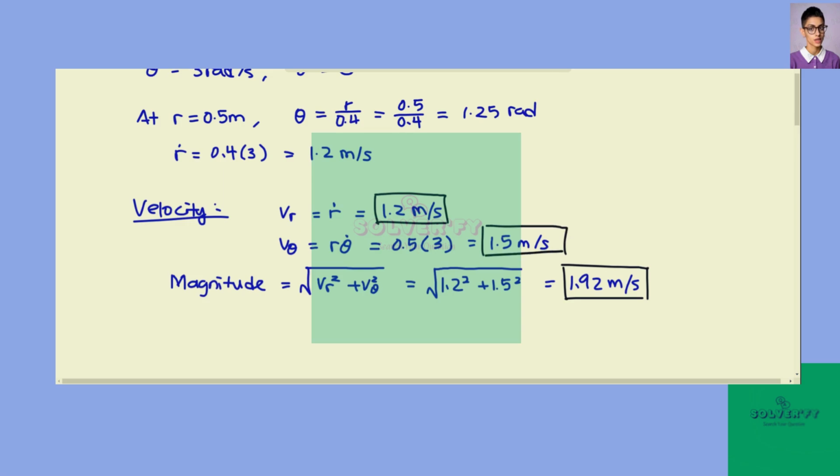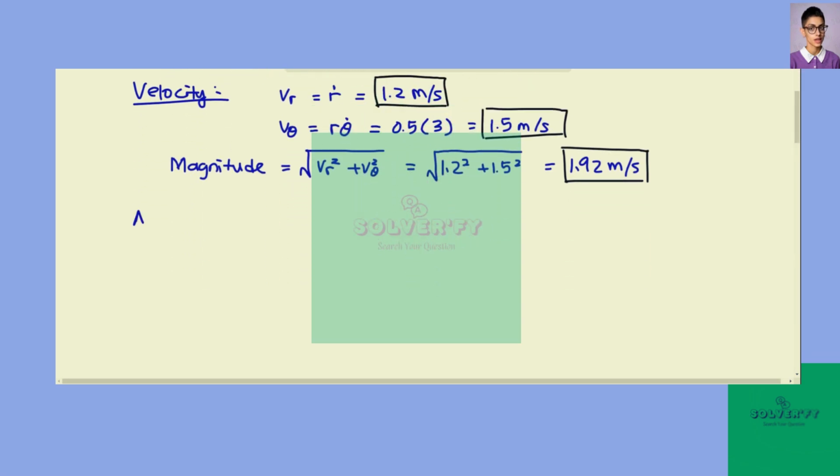And then for the acceleration, we have the radial component, which is r double dot minus r theta dot squared. Since theta double dot is 0, r double dot is also 0.